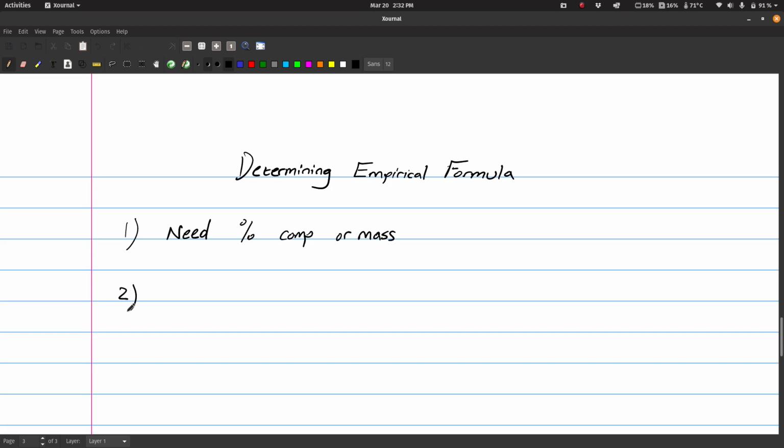You don't really need to do that. Use mass composition, determine composition in moles. All right, so you're going to have to either convert the percent or mass to moles. That's going to give you a molar ratio.